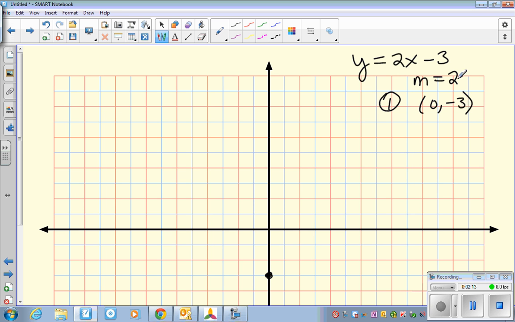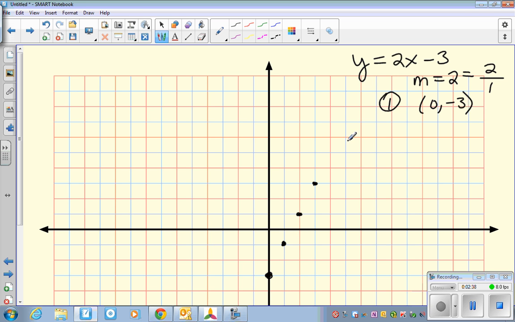Well, a slope of 2 is really 2 over 1. I can put any number over 1. So, remember, slope is rise over run, so I'm going to go up 2, right 1. That means for every 1 x, I'm going up 2. Every 1 x value, my y is increasing 2. So that's called the unit rate of change, or the slope.